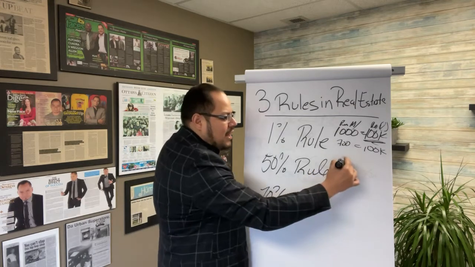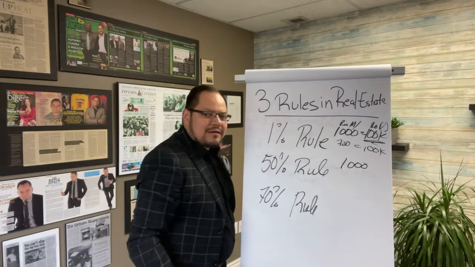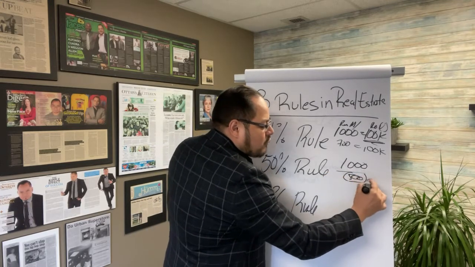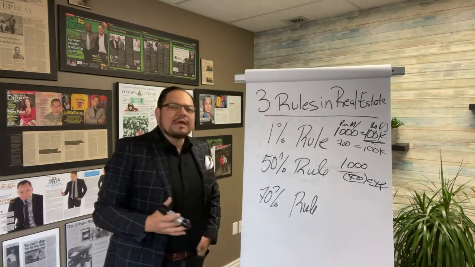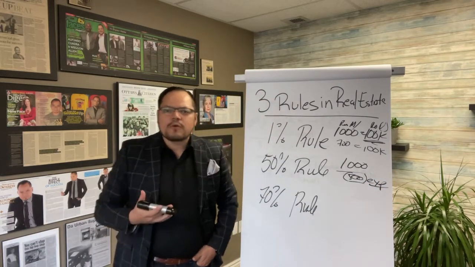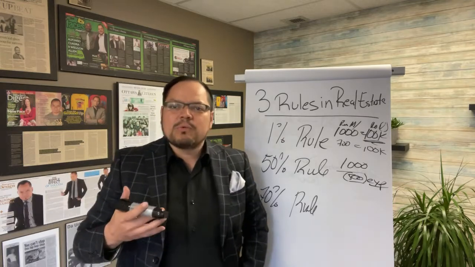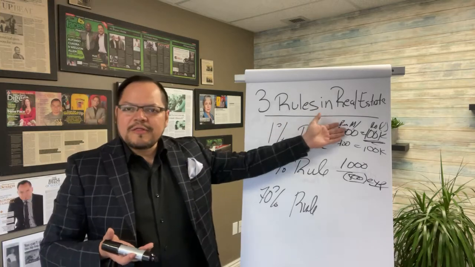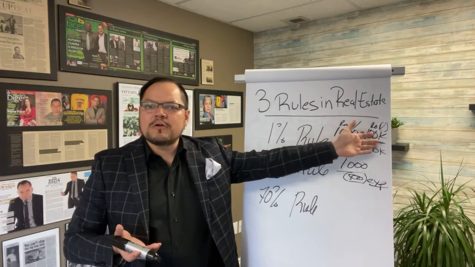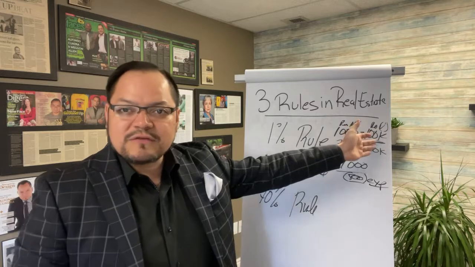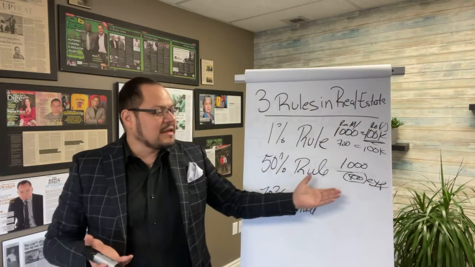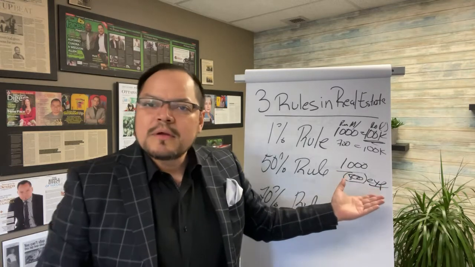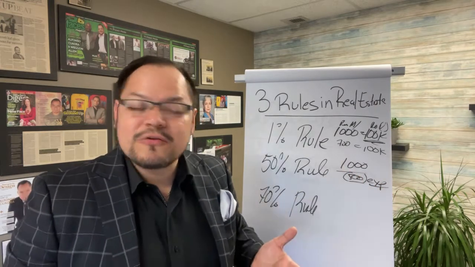For example, if you have $1,000 in monthly rent, 500 of that would go towards expenses. Okay, so that means you would have another $500 to pay for your debt service, and of course, we want to see a little bit of cash flow. So the 1% rule says that $1,000 should equate to $100,000 in real estate value. The 50% rule says that of that $1,000, the expenses are going to be around 50%, which is $500.